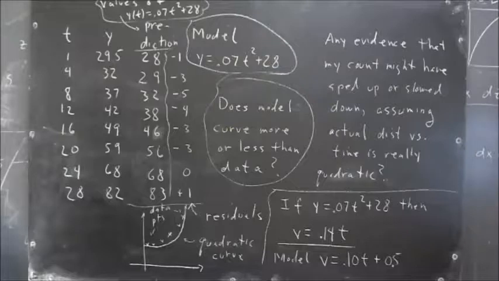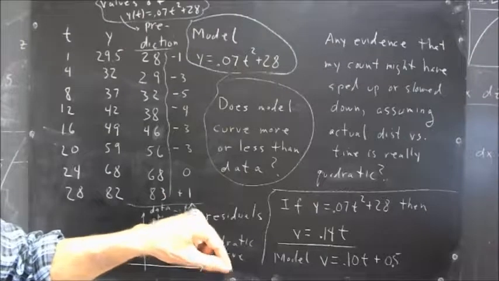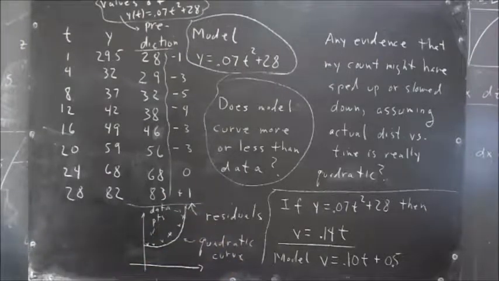Again, because perhaps I sped up the count, perhaps I was a little bit late every time in determining where the ball was. There could be many, many reasons that this model could be off. In any case, this should give you a pretty good picture of the modeling process and how it can be conducted.